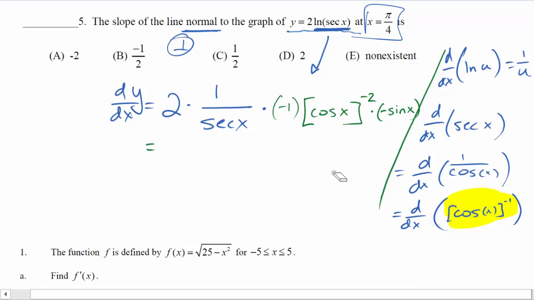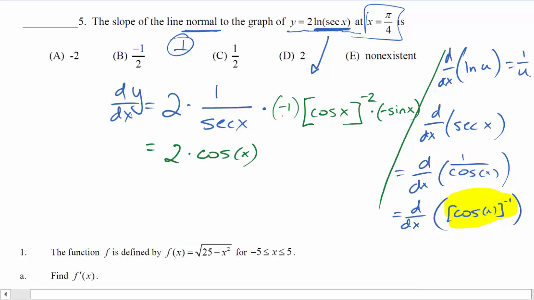Now, some really nice things happen. 1 over secant. Well, secant is the reciprocal of cosine. So 1 over the reciprocal gives me just cosine of x.